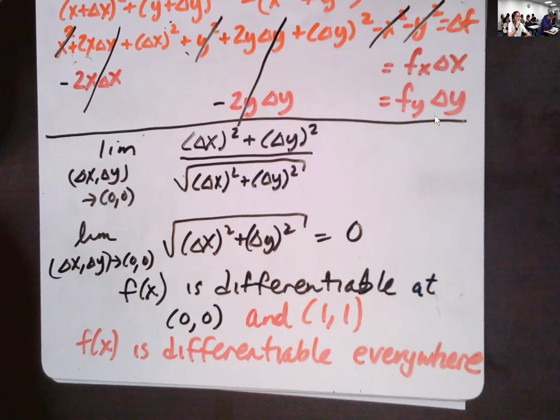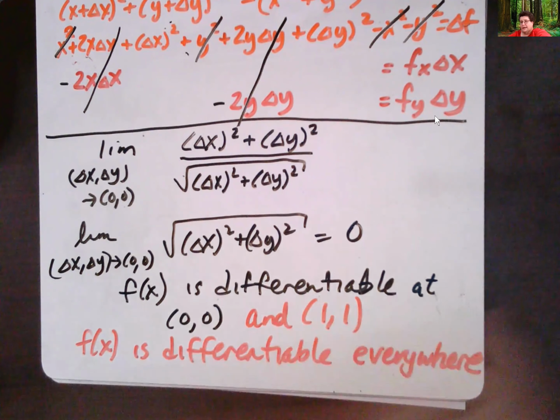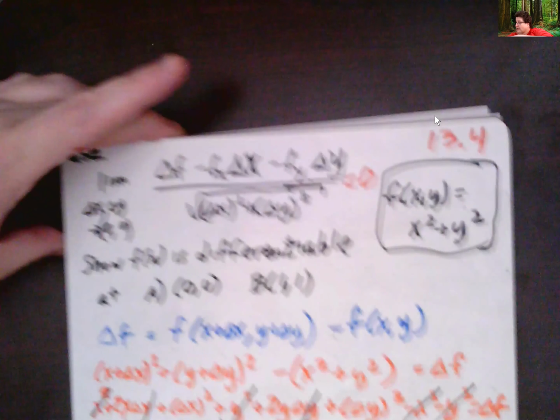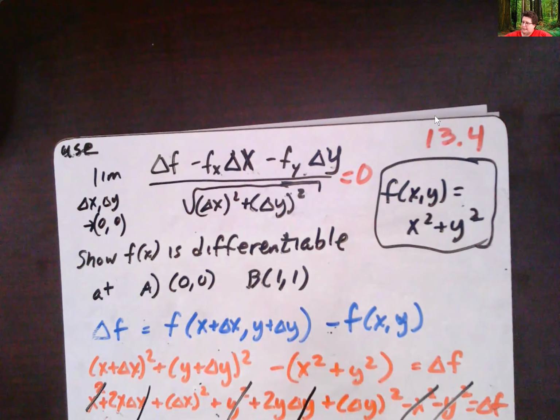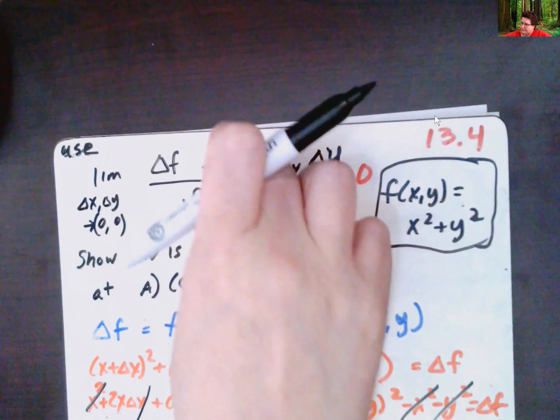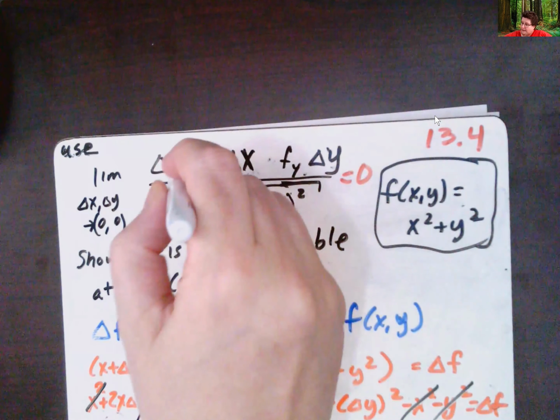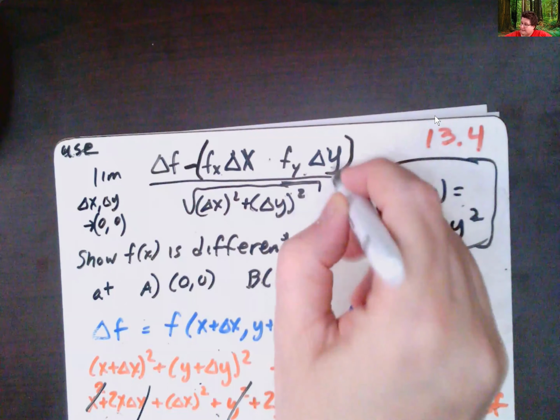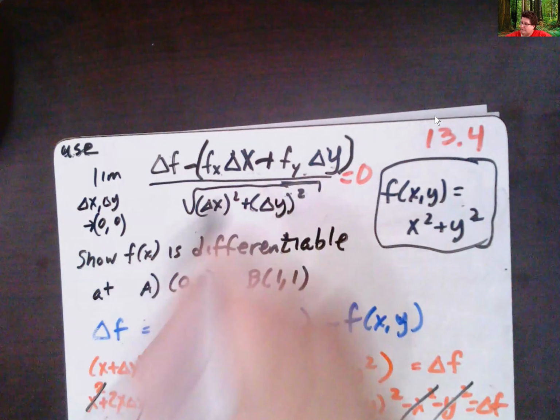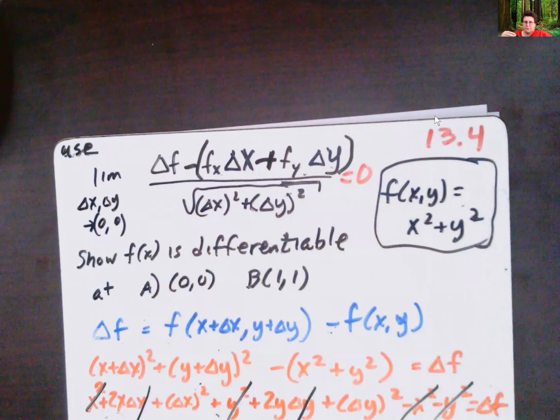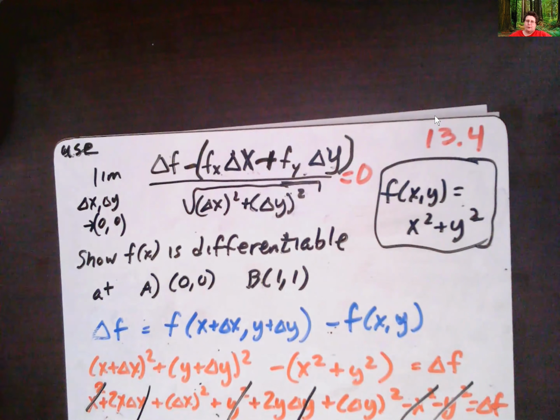Oh, this class is ready for anything. So you'll notice that if I come back up to this formula up here, and I factor out the minus sign and put it outside of parentheses, I've got the partial with respect to x, delta x, plus the partial with respect to y, delta y.